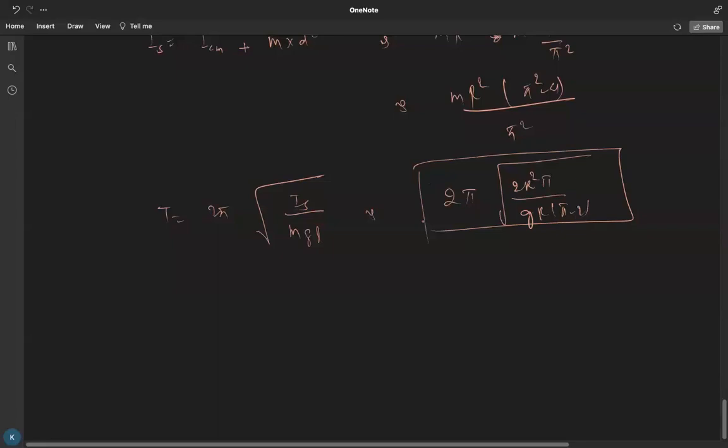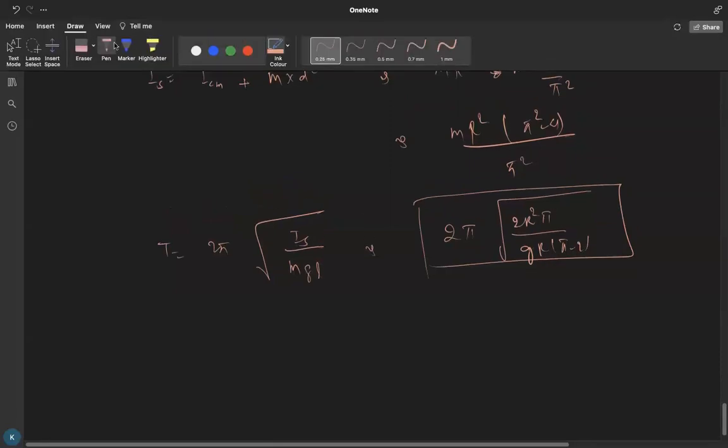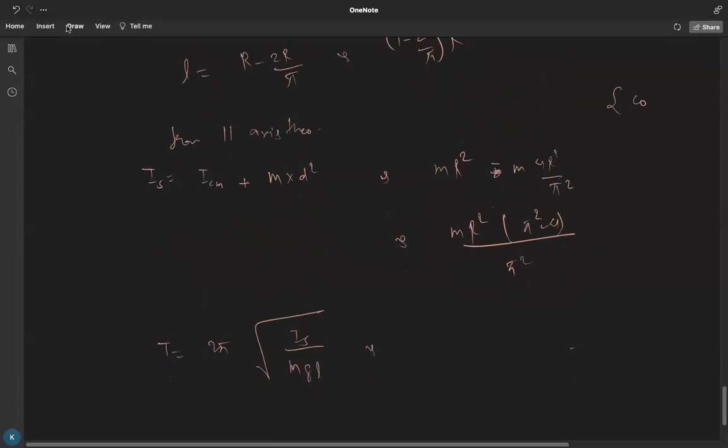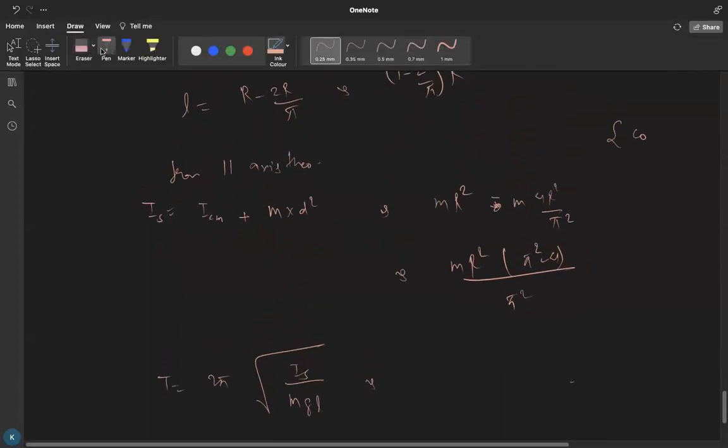The thing that you have to keep in mind is, okay, wait, I think I made a small mistake here, because pi by 2 and pi by 2, the terms will get cancelled, right? You have to first find the I about the center of mass. Let me write it here in a clear way, because you first have to find the I about the center of mass, and then find the next.